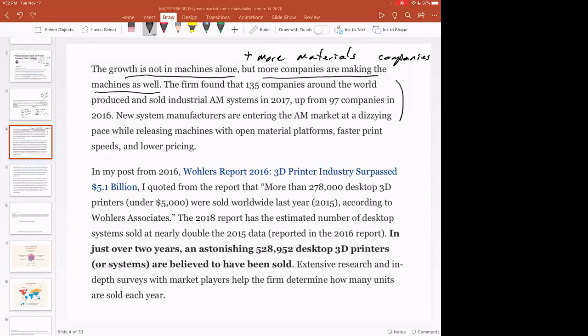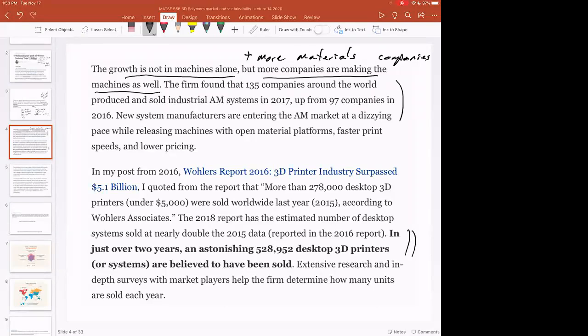So just because you have an additive manufacturing machine, you need materials for that, you need service, you might need filters for that. And so there's a lot of ancillary industries that sort of go along with the industrialization of additive. And so you see all of these desktop printers. That's a lot of desktop printers that are sold. And so that's cool, but these large scale machines are still relatively scarce.